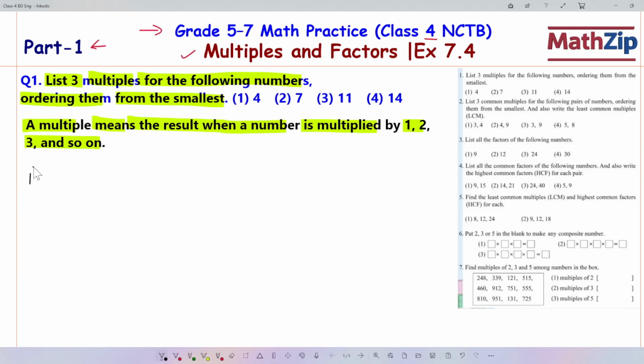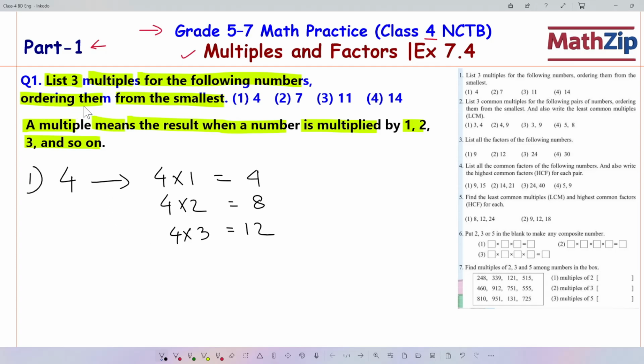Number 1, 4. We can write 4 times 1 equals 4, 4 times 2 equals 8, 4 times 3 equals 12.